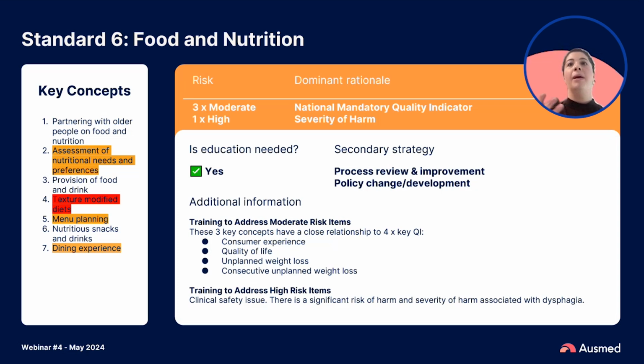They will be asking staff, how do you support these people to eat and drink safely? We want to make sure that any staff involved in that mealtime experience understands the risks associated with dysphagia and the role that a texture modified diet can play there.